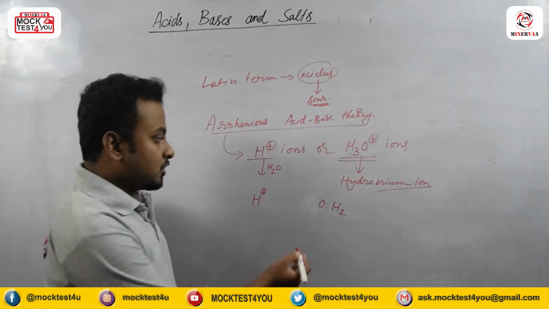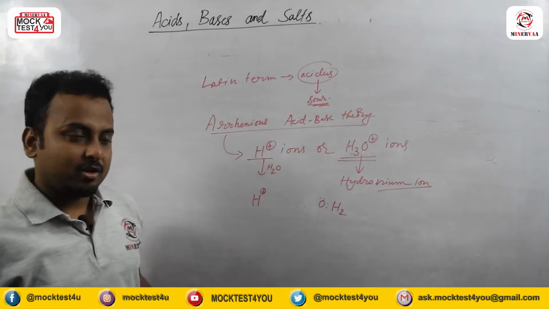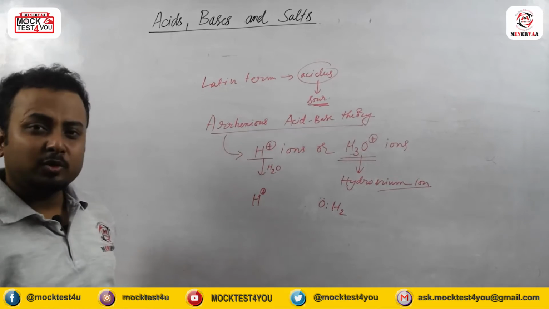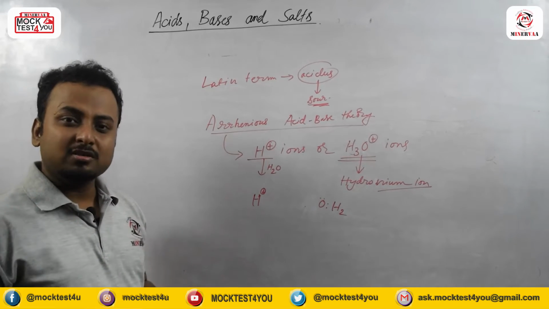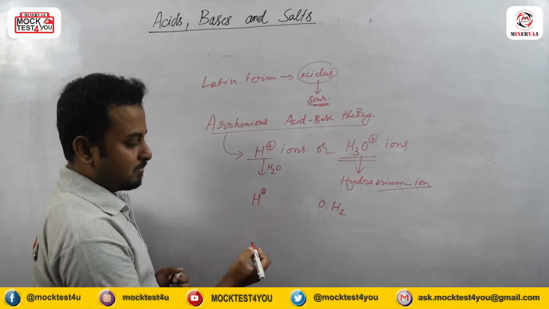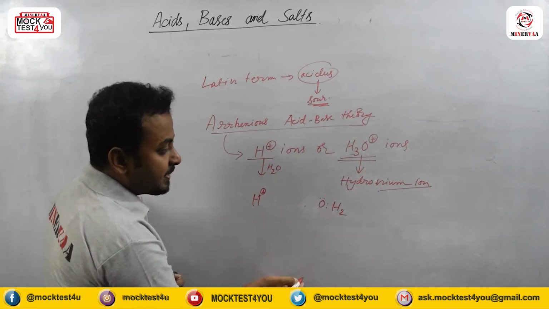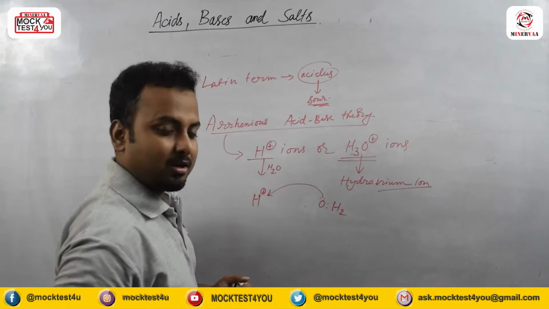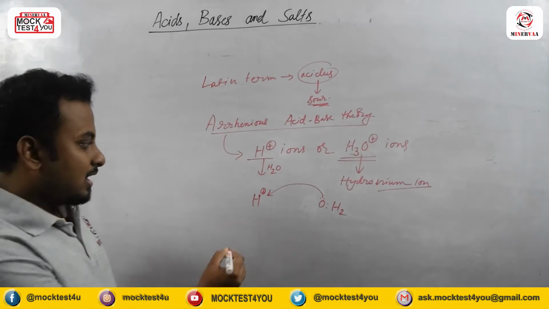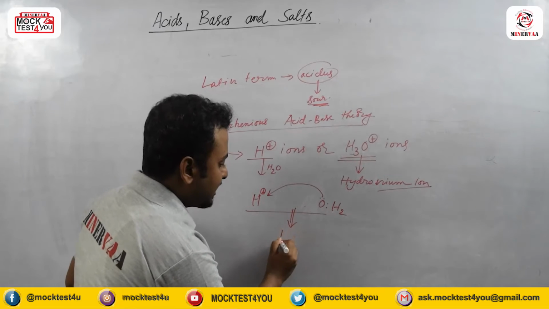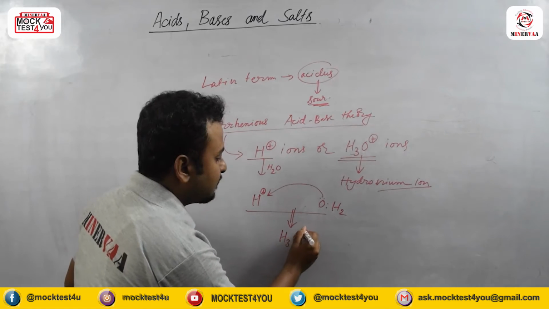It has two lone pairs of electrons and this H plus is vacant. If you have not gone through the chemical bonding videos, kindly see them so that you'll better understand this topic. Due to the presence of the lone pair, it will donate the lone pair to H plus, and this kind of bond is known as a coordinate bond. And what will we get? H3O plus will be formed.